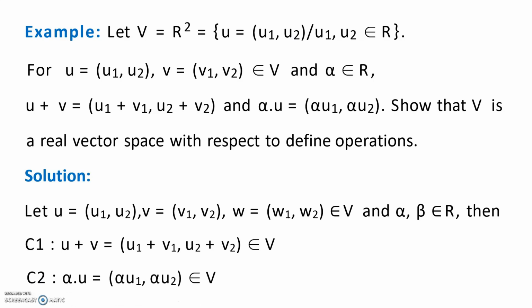For C2, alpha into u is equal to alpha u1, comma alpha u2 by scalar multiplication given in example and which also belongs to V. Hence C2 is also satisfied.